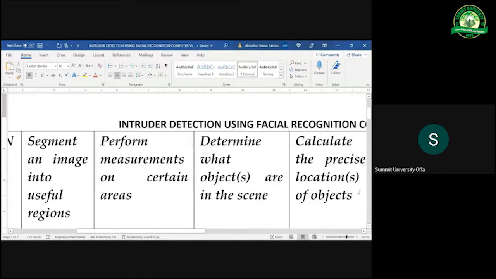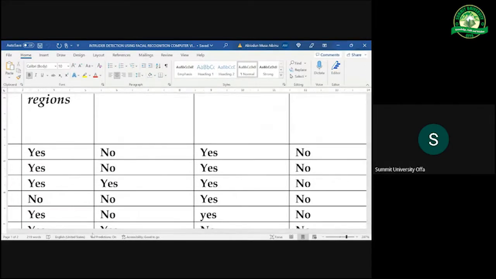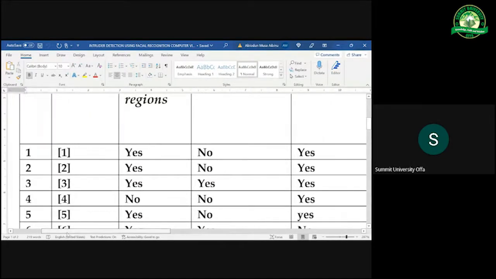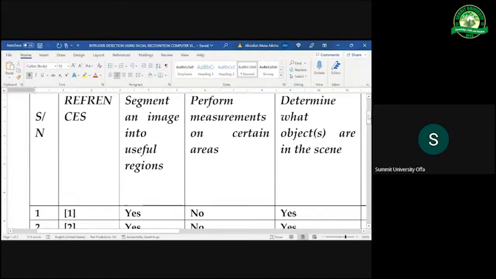You can see that under segmentation, segment an image into useful region or not.